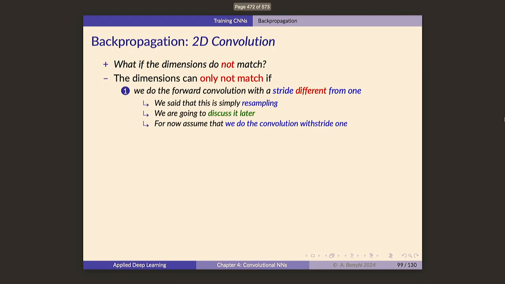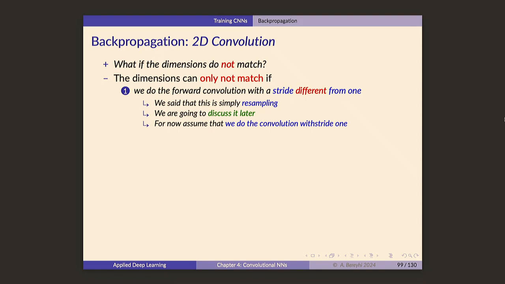So one of them is a stride, right? If I do convolution with a stride more than 1, then this is going to have a significantly smaller number of parameters, right? So the map is going to shrink. But I'm not going to do it right now because why?